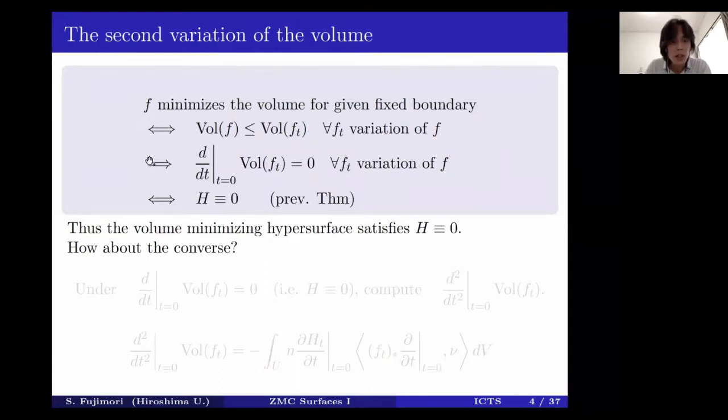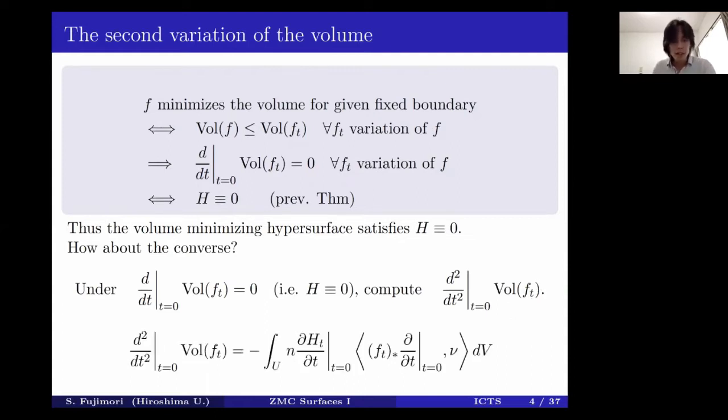So the volume minimizing hypersurface satisfies H equal to 0. How about the converse? To think about this, under the assumption H equal to 0, we compute the second derivative of the volume of F sub t. After a long computation, we have this second derivative of the volume of F equal to this.